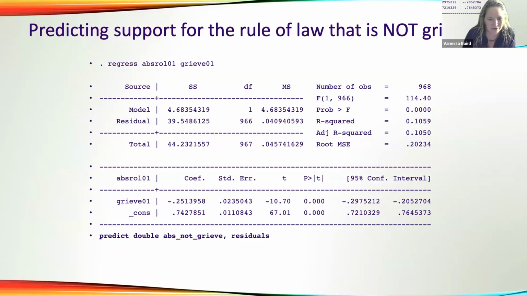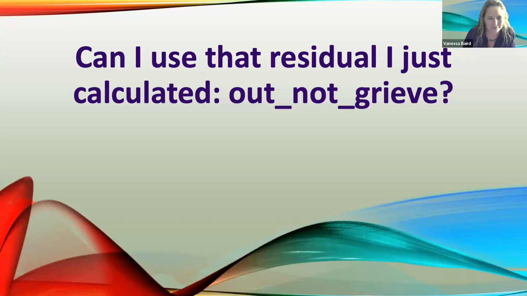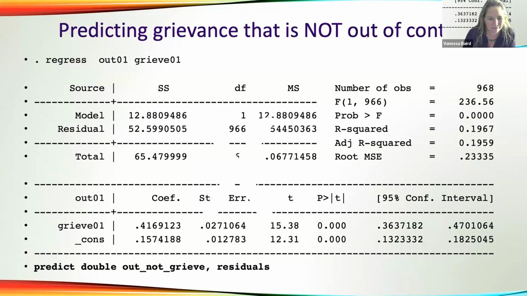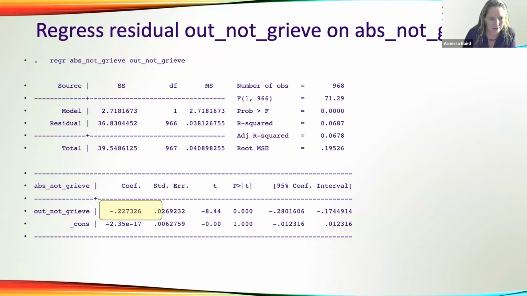All right. So now I've got abs not grieve, right? I take grieve out of abs, and then I take grieve out of out. Then I run another bivariate correlation, out not grieve on abs not grieve.